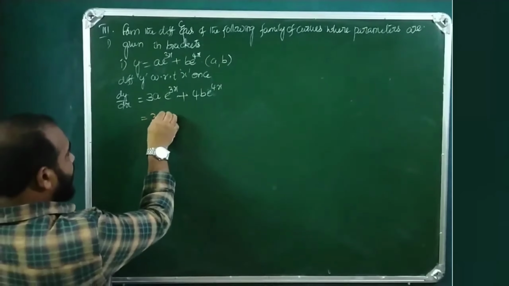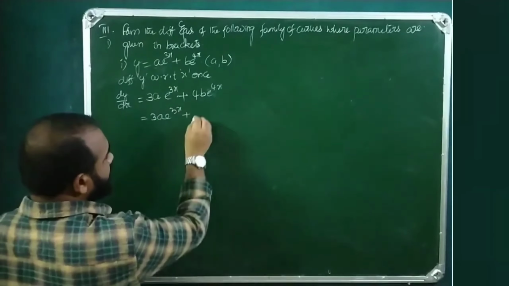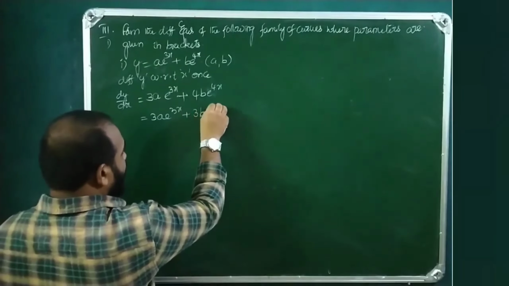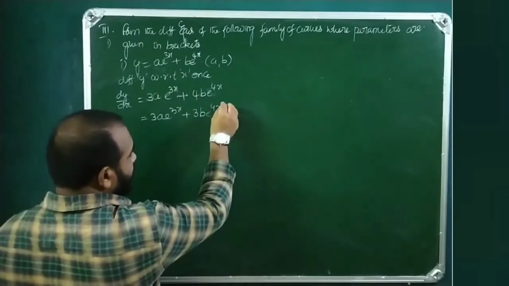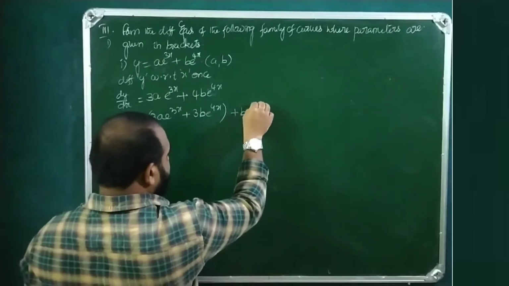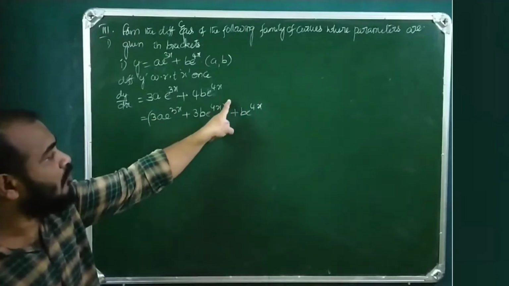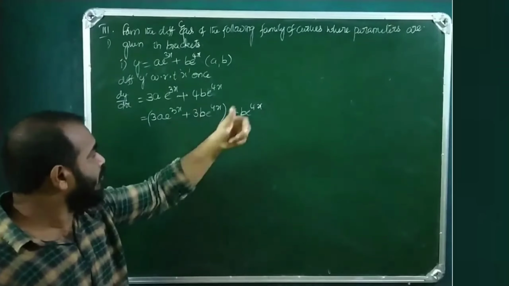So this can be written as 3a e^(3x) plus 3b e^(4x) plus b e^(4x). So 4b e^(4x) can be split as 3b plus b, 4b e^(4x).